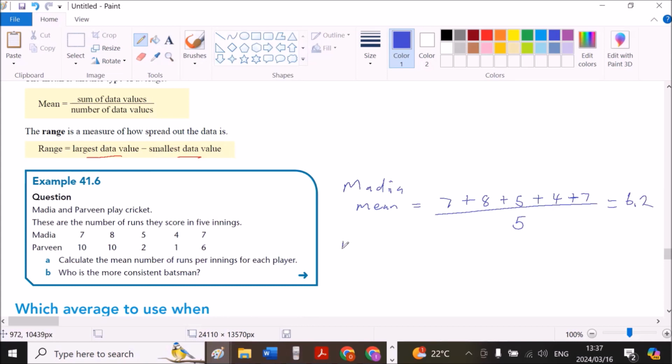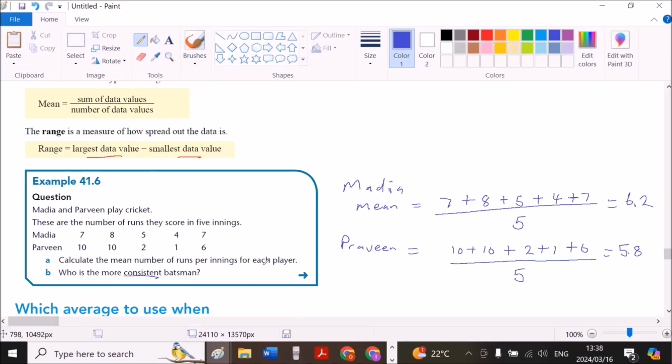For Praveen, we have 10 plus 10 plus 2 plus 1 plus 6 over 5. This will give us 5.8 runs. Who is the more consistent batsman?